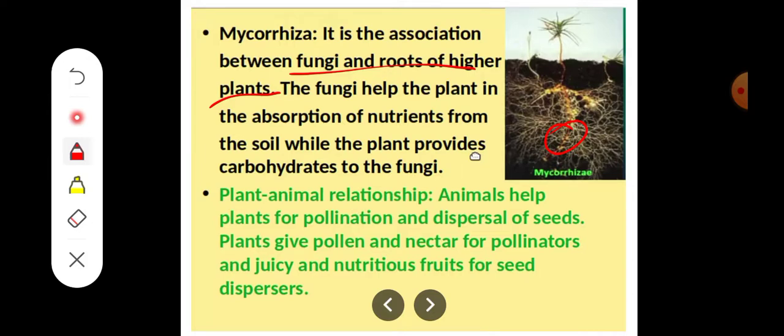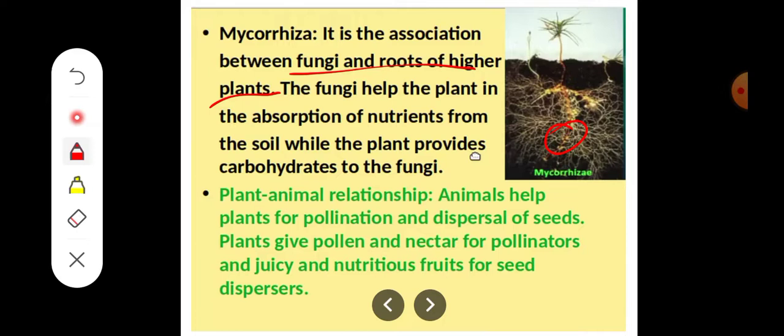The fungi will help the plant in both conditions. What is happening? The fungi will help the plant in the absorption of essential nutrients from the soil, while the plants in turn will provide the fungi with food and also shelter. And in the same way, in lichens, the algae will be producing food, and the necessary water and minerals are taken up by the fungi.